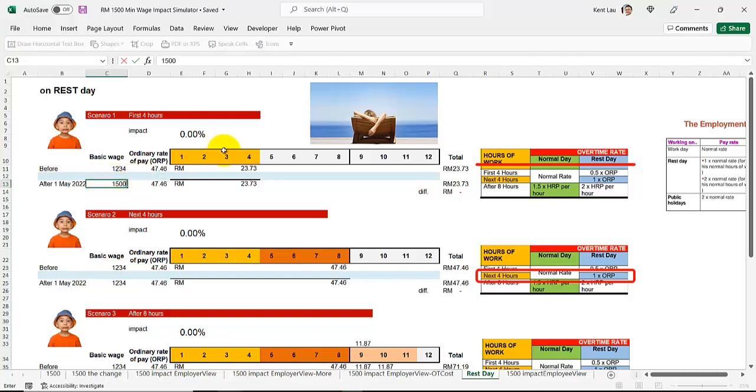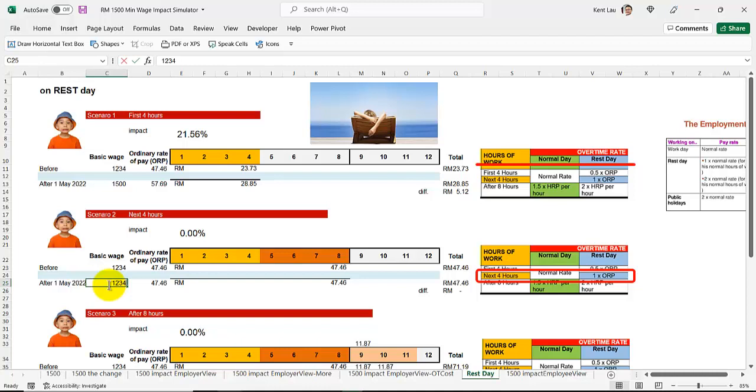Everything remains the same, but the difference is that on a particular Sunday or Saturday, a rest day, they get paid an additional 5 ringgit 12. I'm not sure how much the impact is to you, but now you know at least that this is the figure you want to consider.